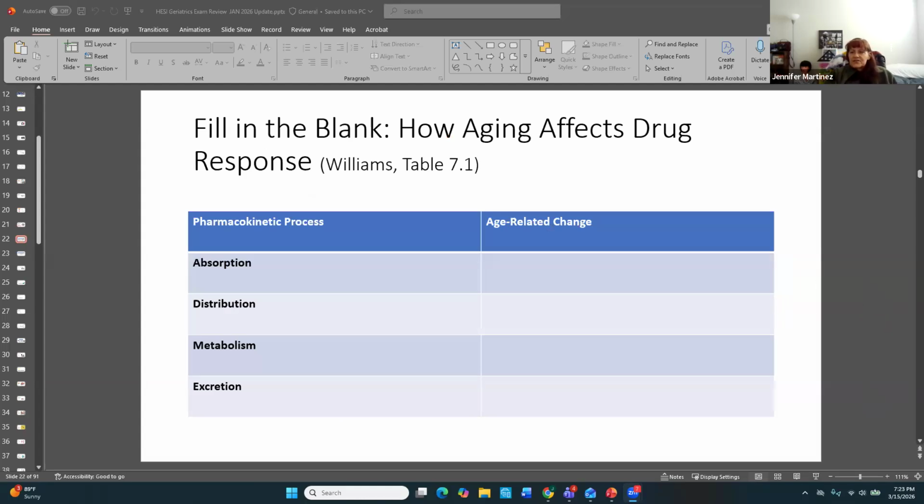All right. So, fill in the blank: how aging affects drug response. Absorption, what are some age-related changes related to absorption?